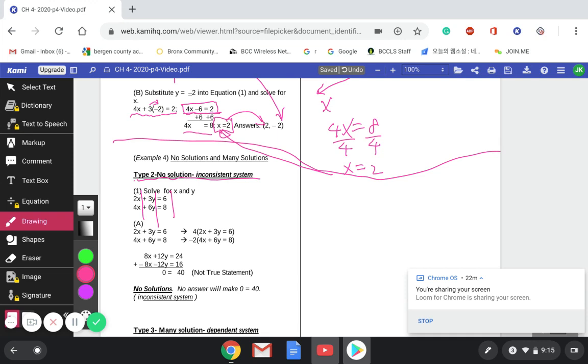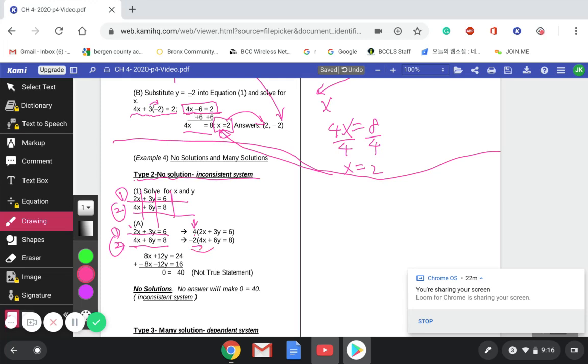So I'm going to multiply each equation by each other's coefficient. So this you multiply by 4. Now this one you multiply by negative 2, because you have to make one of them negative, so you have an opposite sign, so negative 2.